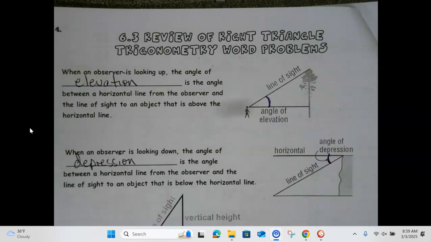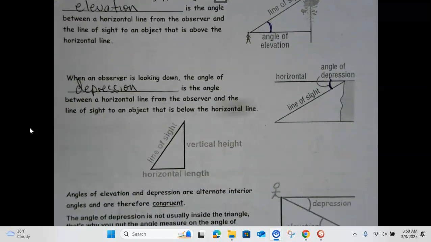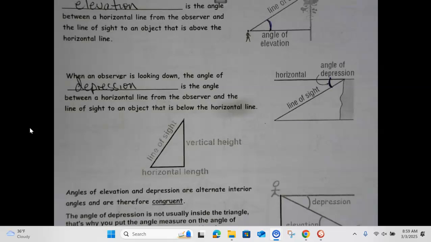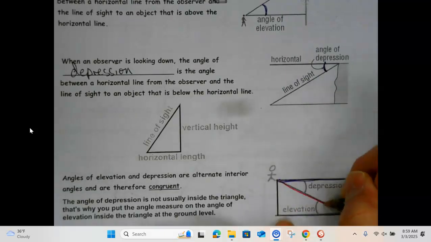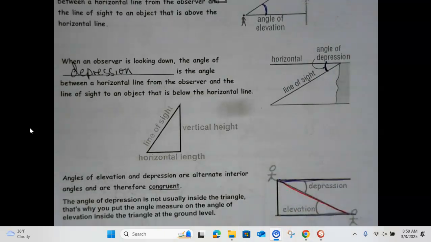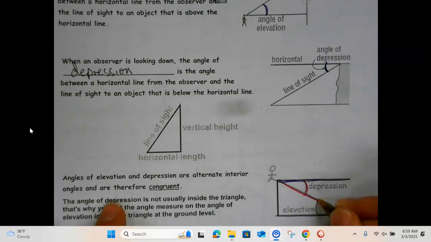Here's the other thing that's cool about this. Since that line of sight is the same whether I'm on top of the building or standing below looking up, if we remember back to geometry, here comes my geometry terminology for the day: if you have two parallel lines that are cut by a transversal, the alternate interior angles are congruent.